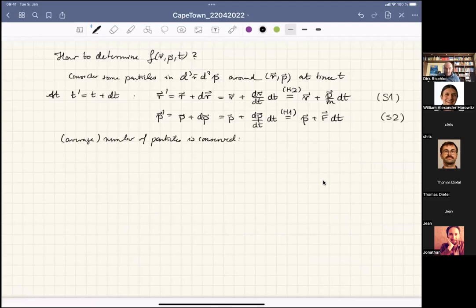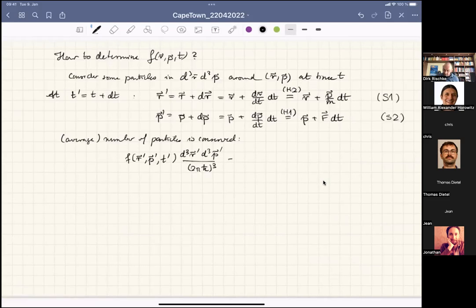Okay, how can I express this mathematically? The number of particles at new position r prime, new momentum variable p prime, and later time t prime, in a volume d3r prime, d3p prime. I introduced the normalization factor so that this whole thing is just a number.